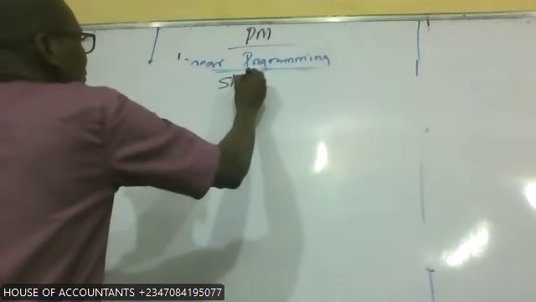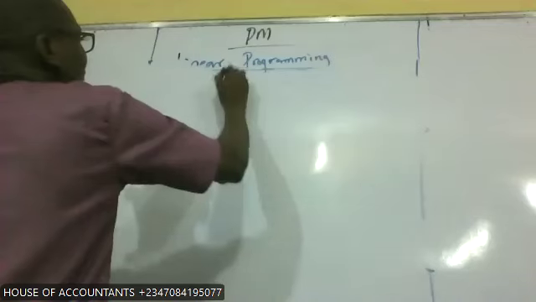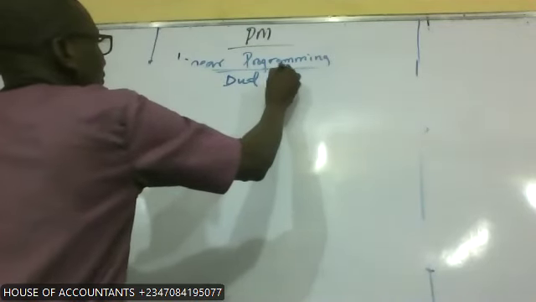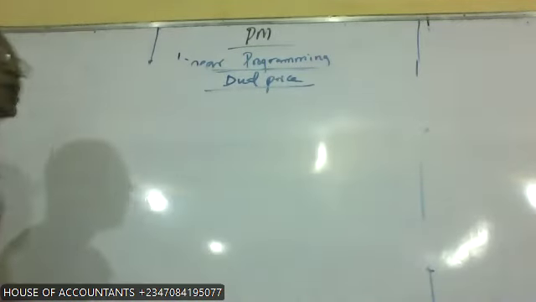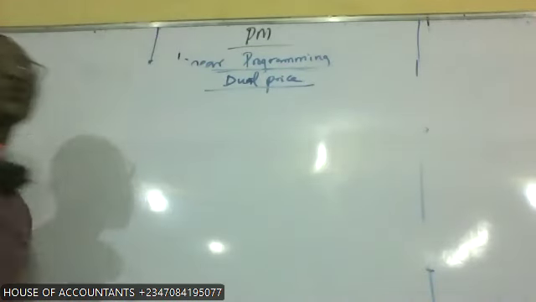Let's call it dual price. Or you call it shadow price?